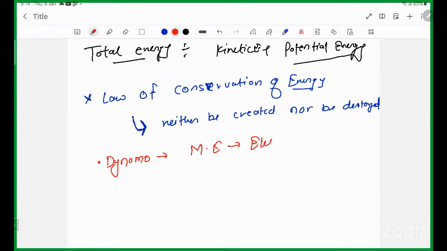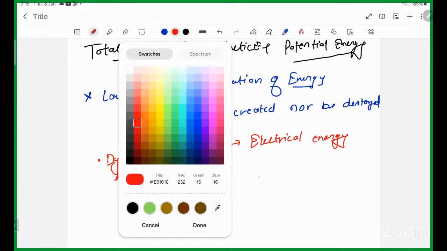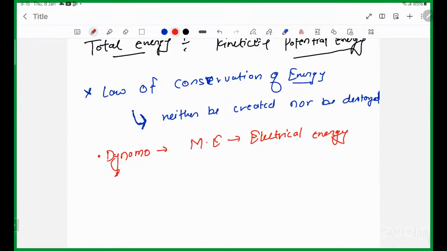It is very important because the generator works on this principle. Dynamo and generator are the same principal component. A generator also converts mechanical energy into electrical energy.